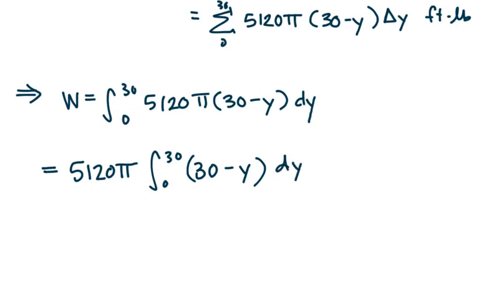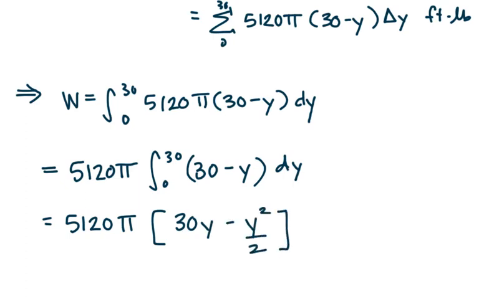And integrating 30 minus y, I end up with 30y minus y squared over 2, evaluating from 0 to 30, however you want to think about it. I know that if I plug 0 into either of these, they're going to zero out.